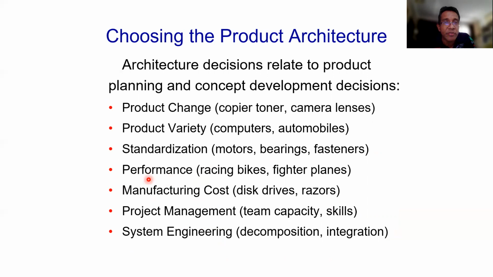We already discussed performance, manufacturing cost, project management, system engineering. So the cost is based on standardization, on combination, and on the elimination of parts, so we can reduce the manufacturing cost and increase the product variety.